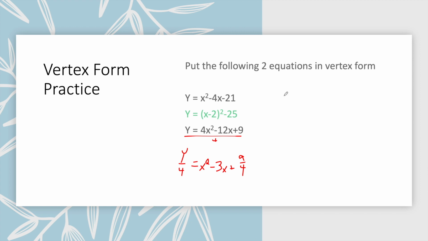To do this, we have to do b over 2 squared. In this case, b is negative 3 over 2 squared. This is just negative 3 halves squared. And if we do negative 3 halves multiplied by itself, we can square it. Here, we would get 9/4.